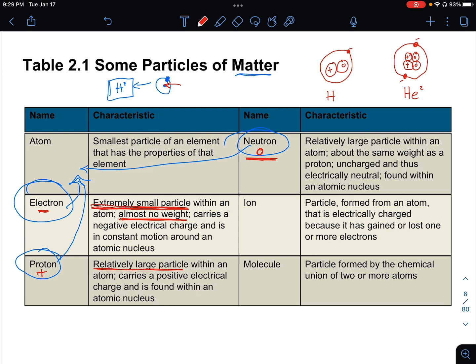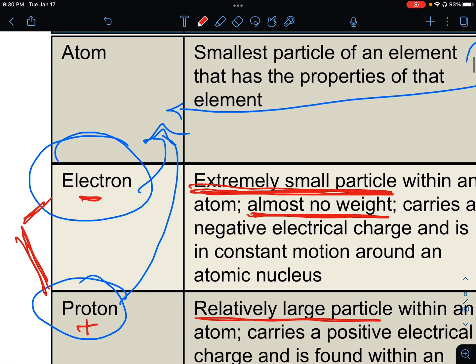So what does that mean for our other subatomic particles, our electrons and our protons? It means that we need to have the same amount, because if we have one positive and one negative, they're going to cancel each other out, right?